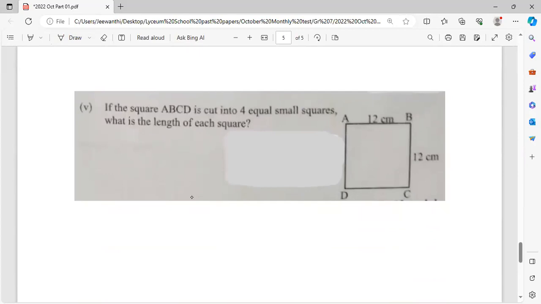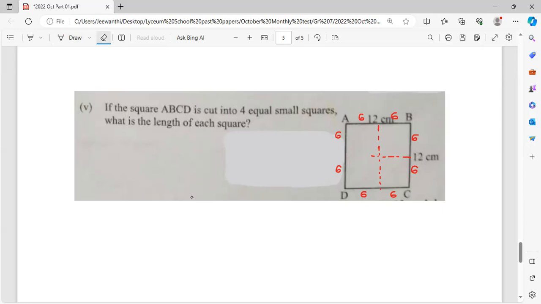Right. So then we will move to the last question of part 1. If the square ABCD is cut into 4 equal small squares, what is the length of each square? Now they are going to cut it into 4 equal small squares. What are they doing, children? They are doing something like this, right? So this will become 6 and this will become 6. 6, 6, 6, 6, 6, 6.